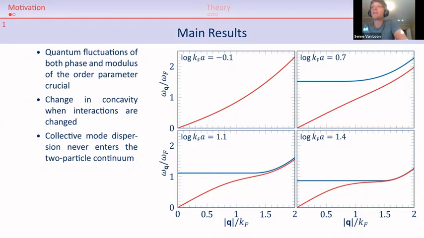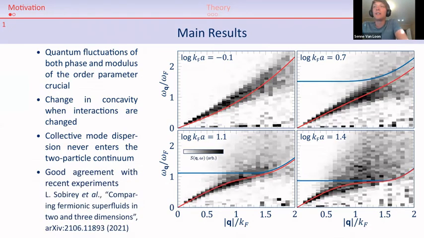And in 3 dimensions, at some value of the wave number, the collective mode hits the 2-particle continuum and some damping occurs. In two dimensions, this never happens. So the collective mode remains undamped for all values of the wave number, and this is due to the fact that the two-body bound state always exists in 2 dimensions.